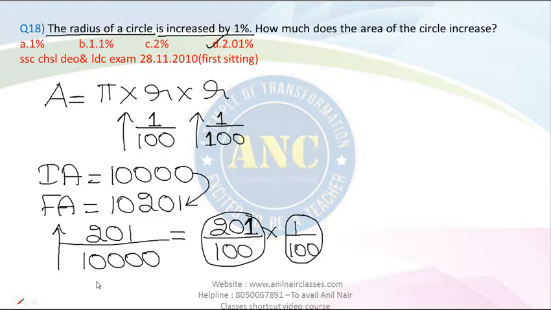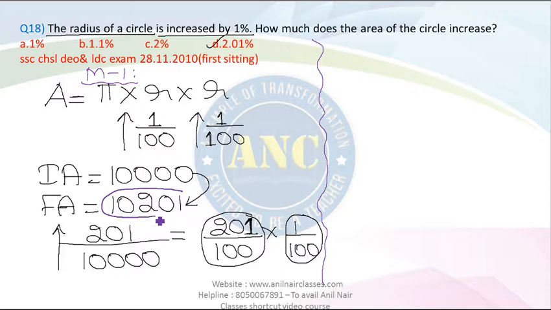This is exactly the reason I suggest you take the method which you are comfortable with, depending on the numbers given in the question, because some people might not know the value of 101 whole square as 10201.